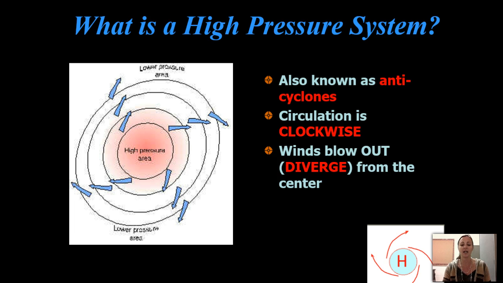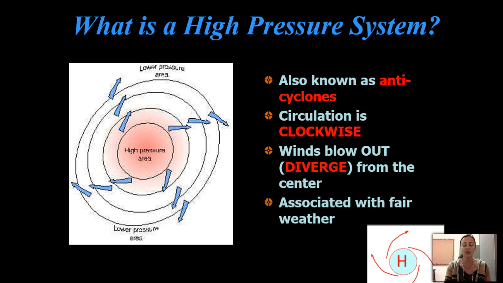If you look at these diagrams, it's an overhead view, looking down at the center of the high pressure, and you see the winds blowing outwards in a clockwise direction. We always associate high pressure systems with fair weather. Clear, dry days are associated with high pressure systems.